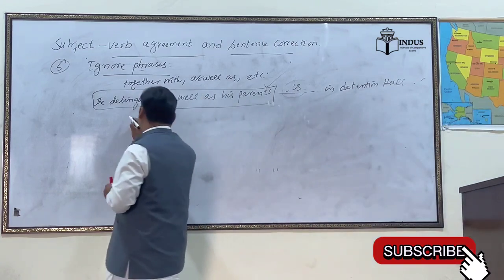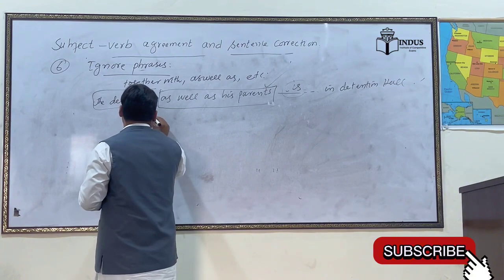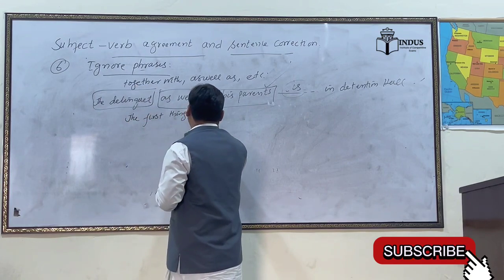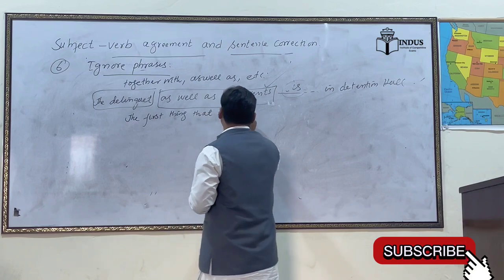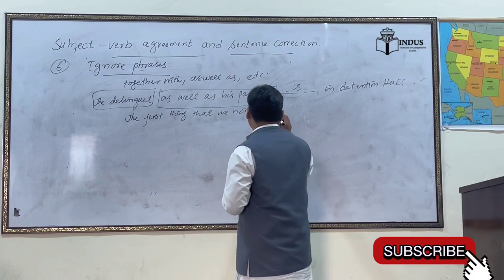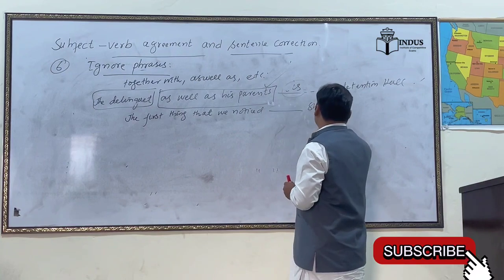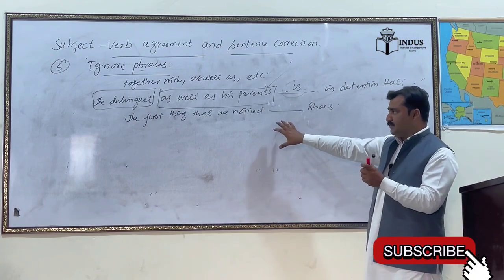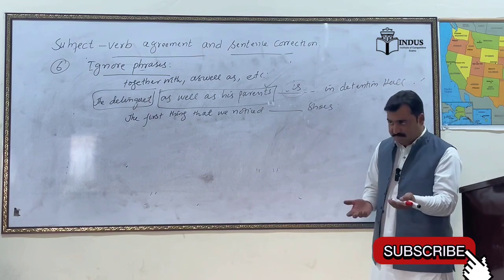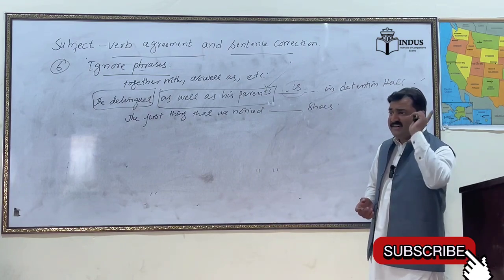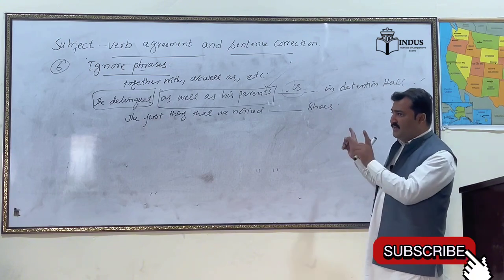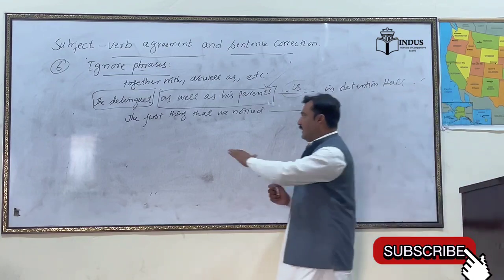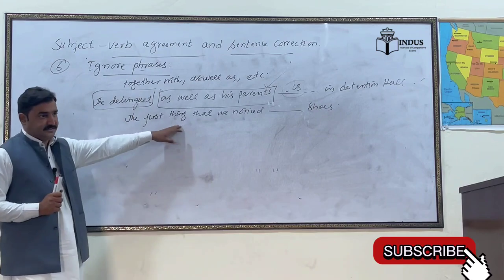The first thing, now look at it. The first thing that we noticed, dash, shoes. In this sentence, you have more than one subject. The first subject will be treated as the subject of the verb, remember. Look here: the first thing that we noticed.